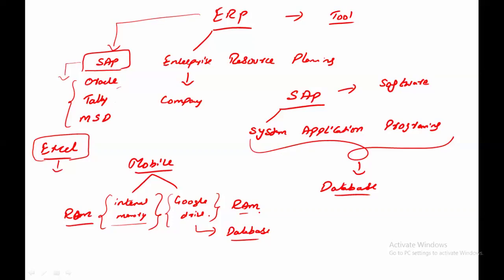Okay, when SAP came into picture, there were a lot of ERP tools already in the picture. SAP had tremendous growth in industries because it is one and only software which introduced to store the data in the database. Initially, we used to use Oracle, we used to use Tally, and every data was getting stored in your system, in your local drive.